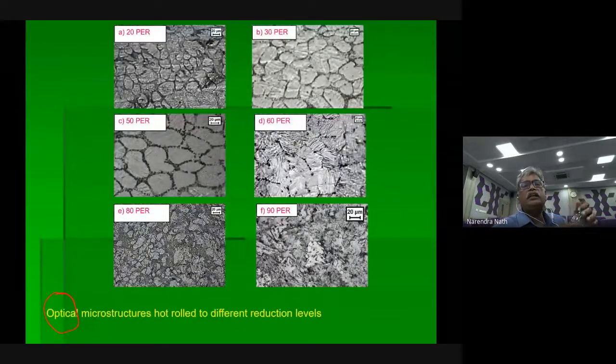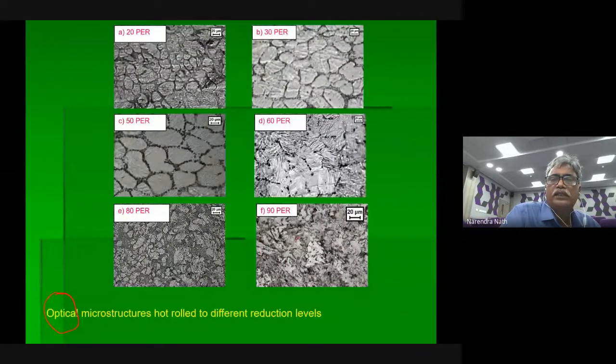This is actually different levels of rolling: 20%, 30, 40, 50, 60, 80 and 90%. You can see here from A to F how the structure is fine-tuned.